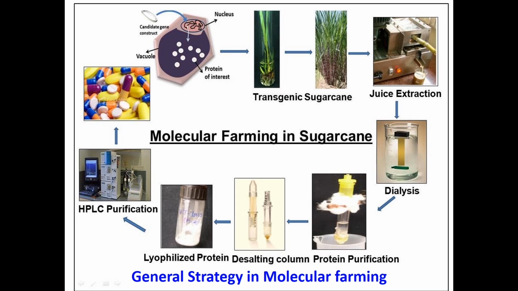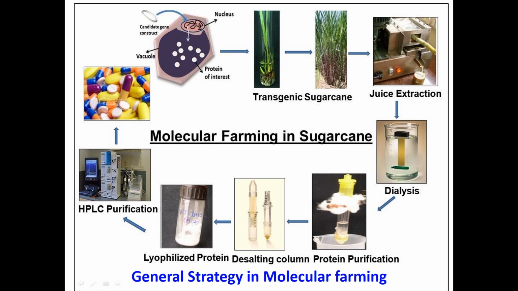Then we use this Agrobacterium for direct transformation of sugarcane by co-cultivating the Agrobacterium with the sugarcane tissues, and then we allow them to establish as a plant. Then we test in all possible ways using different molecular analysis to confirm the presence of the transgene, and also Southern and Western blots to confirm the production of the product. This is one way.